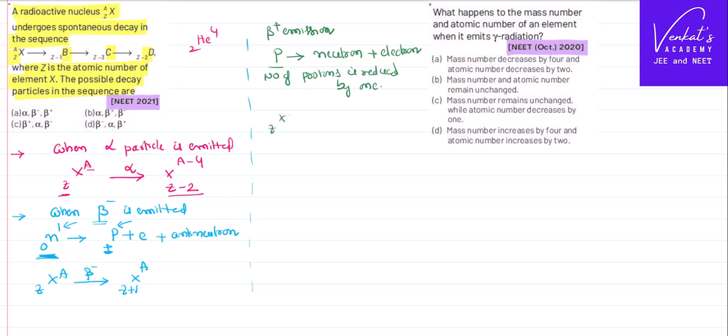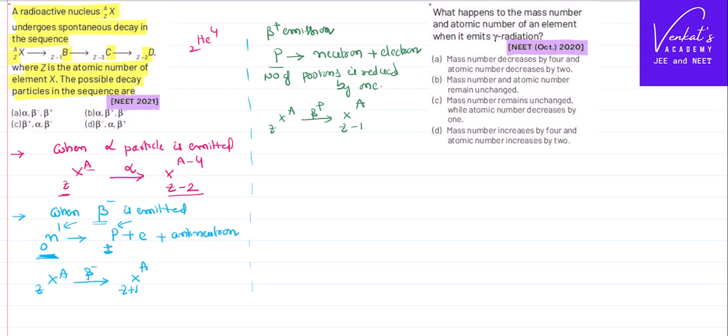So when beta plus is emitted, Z becomes Z minus 1 because one proton is lost, and A remains the same.